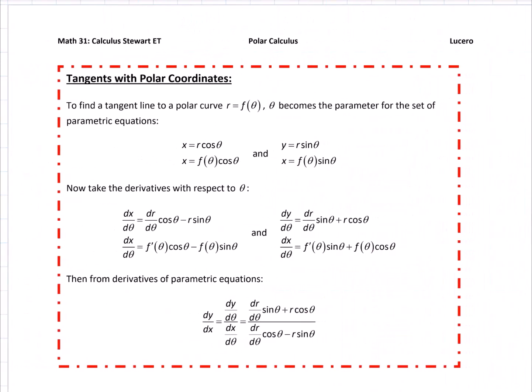If that is true, and we were to come across a polar equation, r equals f of theta, then theta can become just the parameter. We can say, oh, well, we know what x and y are, the connection back to x and y: x is just r cosine of theta, y is r sine of theta, which is just a parameterization in terms of theta.